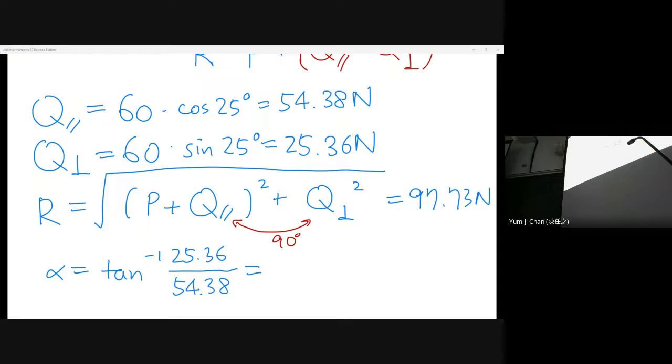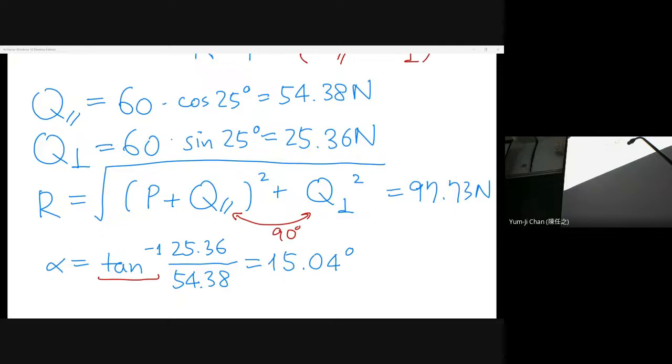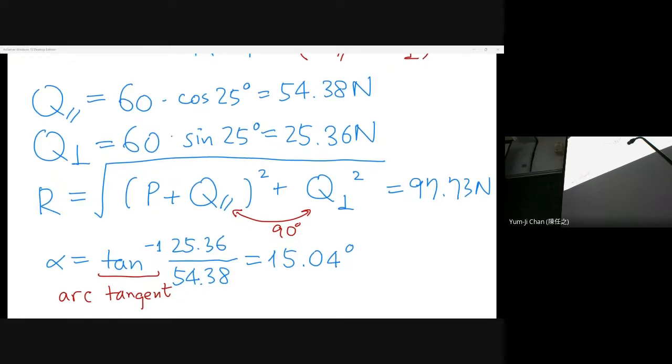No. In English we say this arctangent, the inverse of tangent, is arctangent.